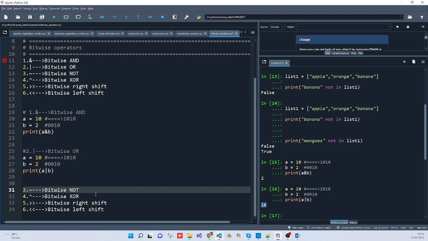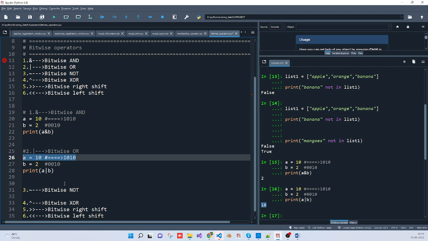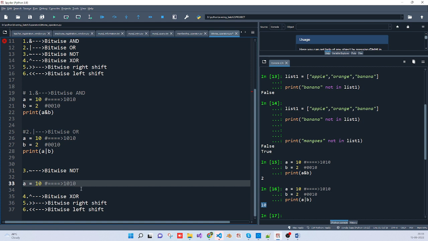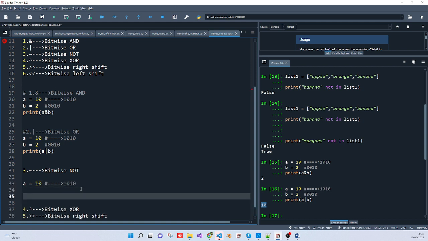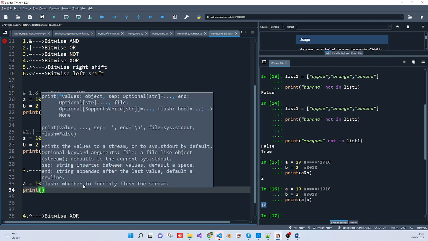Now the bitwise NOT operation. If you give one number, it will give the opposite of that. Indirectly, most of the time it will give a negation number. I will show you anyway. Bitwise NOT. I am taking this number a, where a is equal to 1010 in binary. Now I want the negation of a. Print negation of a.